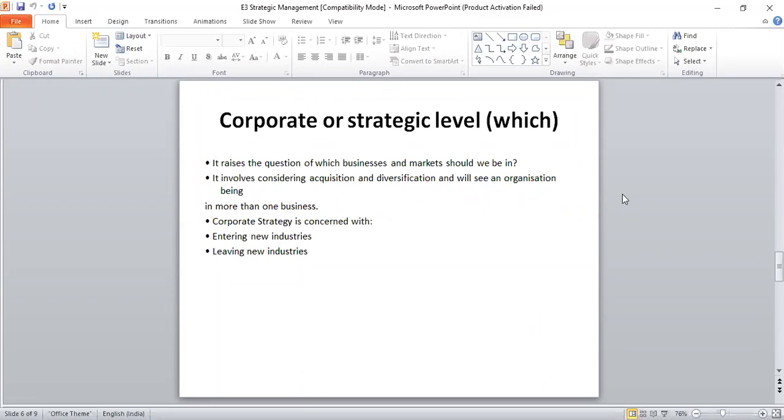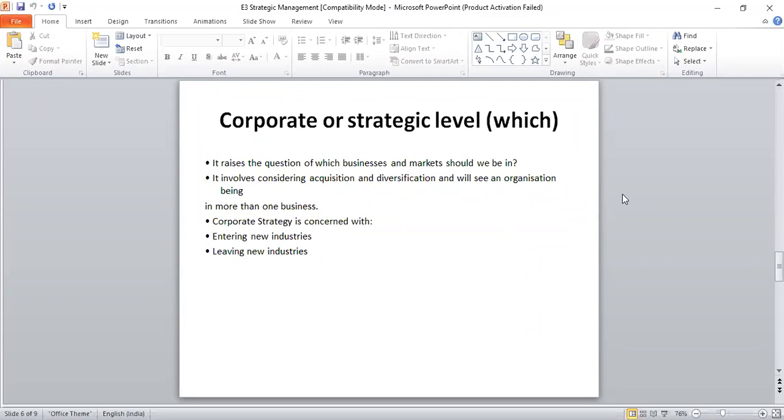First one, the corporate or strategic level. If it is at the top, at the pinnacle, whom do we see at the top level?